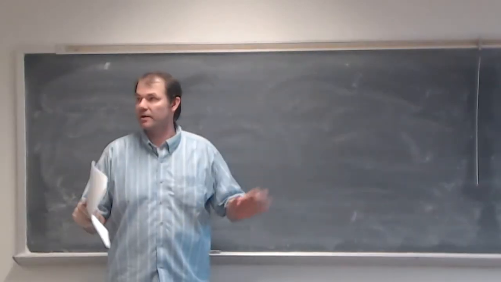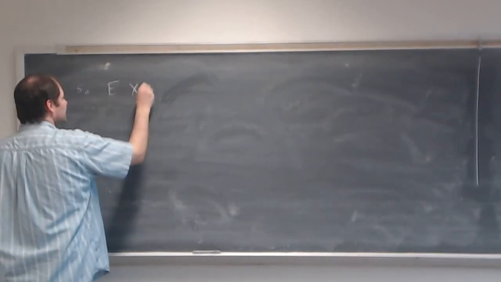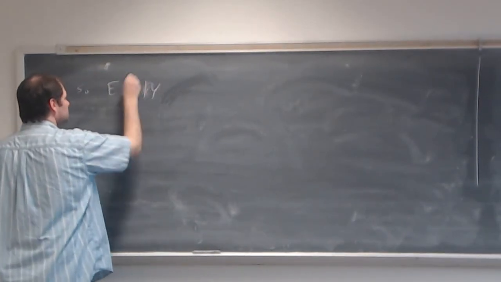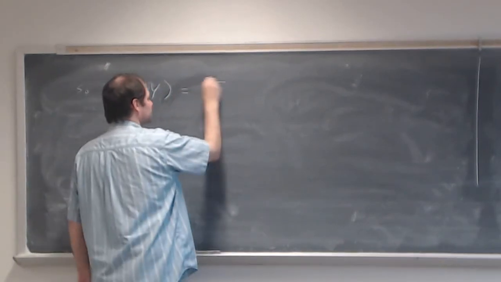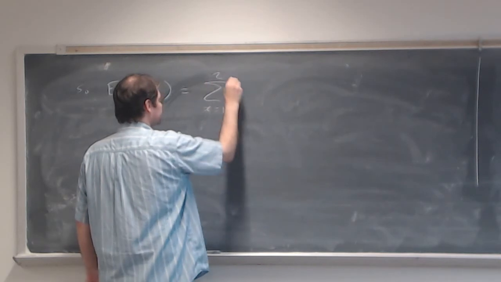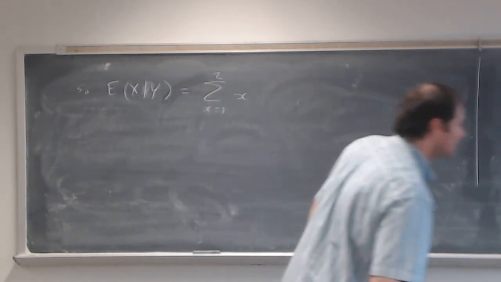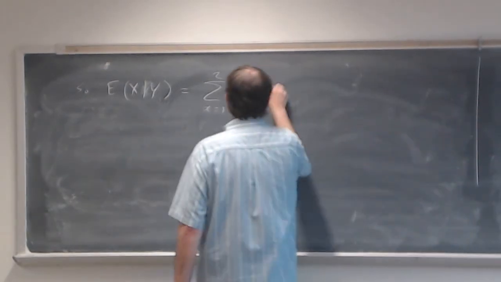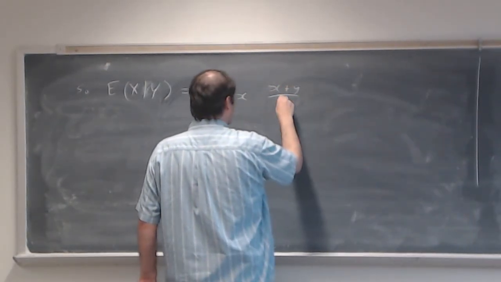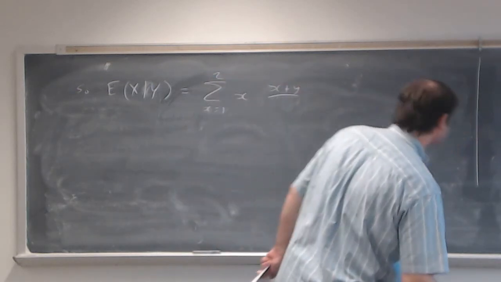So the expected value of X given Y is equal to the sum over the x values, 1 and 2, of x, and then we just found this part. Oh, my eyesight's not very good. It's x plus y over, I think it was 3 plus 2y.